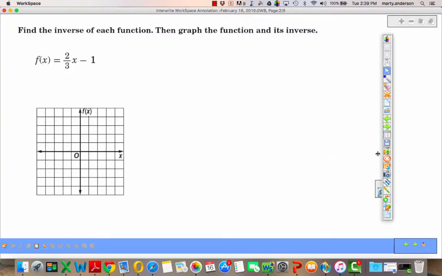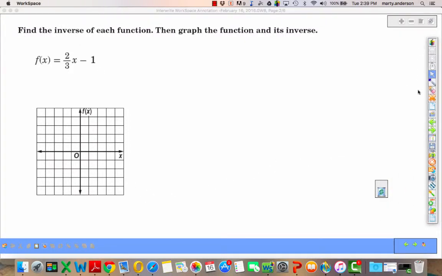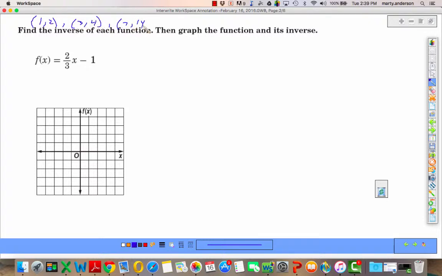So, for example, if we have a relation which is (1, 2), (3, 4), and (7, 14), then for its inverse we just interchange the x and y. So I have (2, 1), (4, 3), and (14, 7).